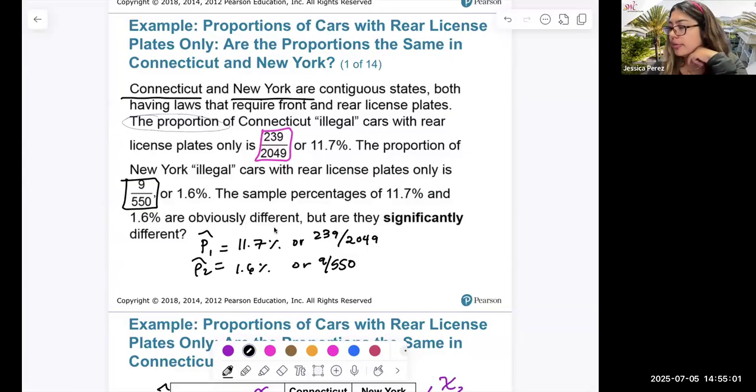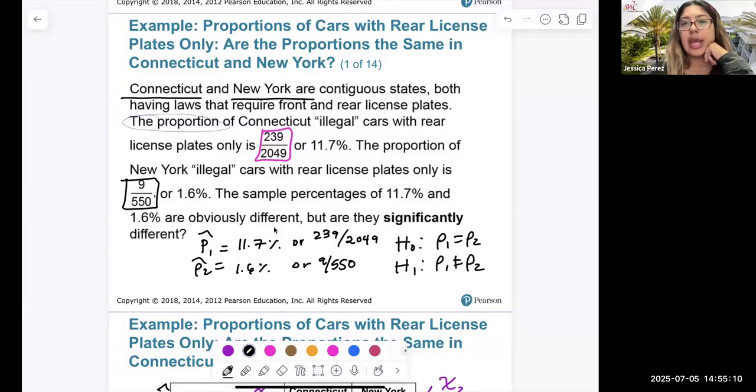So our null hypothesis is p1 equal to p2, and the alternative will be p1 not equal to p2. Remember, it's always the opposite of our null hypothesis and what we're given here. They're obviously different, so they're not the same. They're not saying one is greater than the other. So obviously different tells us that p1 is not equal to p2. We're interpreting what we're given.